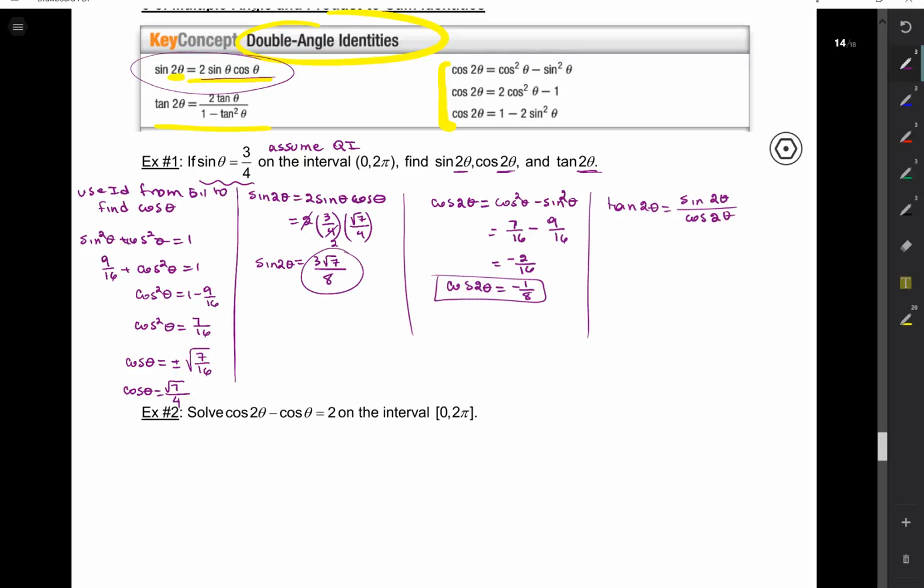Now, did I just find sine of 2 theta? 3 root 7 over 8. And cosine of 2 theta, negative 1 over 8. So tangent of 2 theta is what?